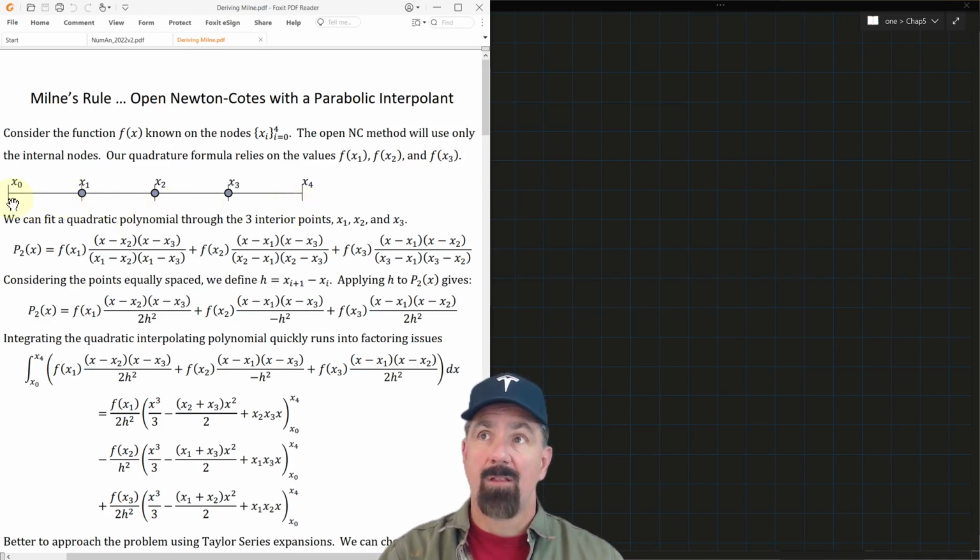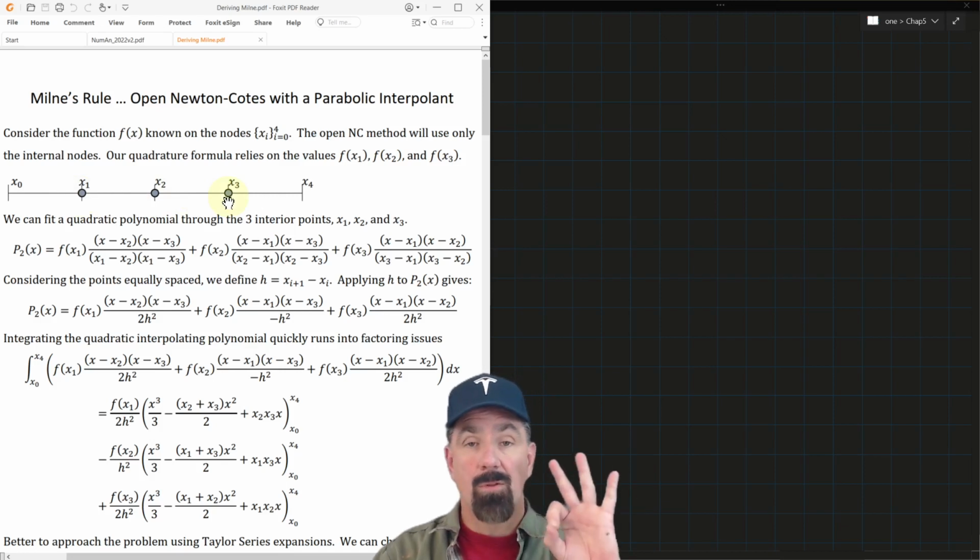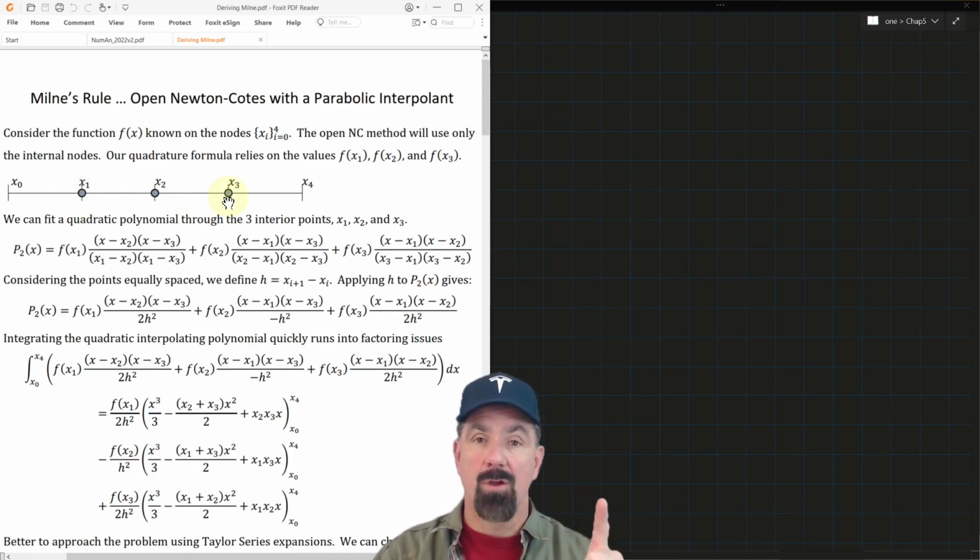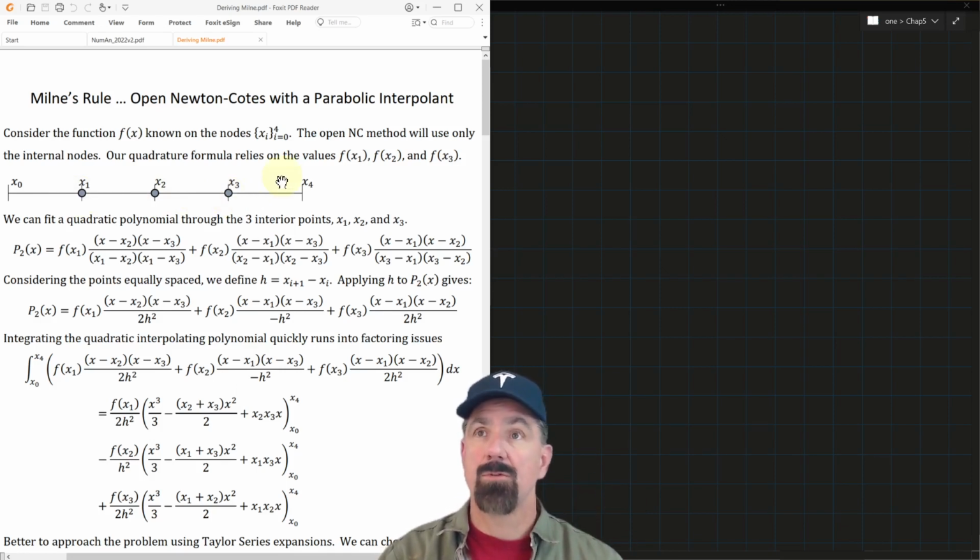We have a to b, where a is x naught and b is x4. So we're going to integrate the function from x naught to x4, just as we see down here. But we're not going to use these external nodes. We're going to only use the 3 nodes in the middle. We know that for 3 points that are non-collinear, we have a single unique parabola that goes through those, and that's what we're going to use.